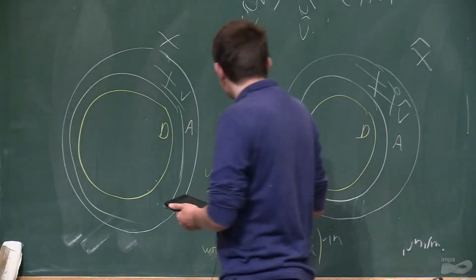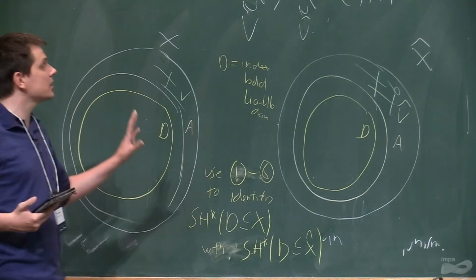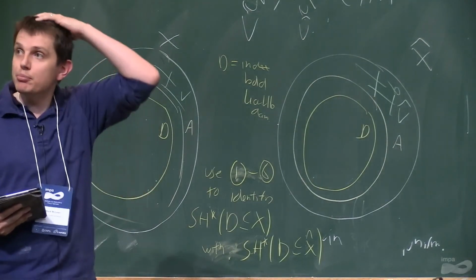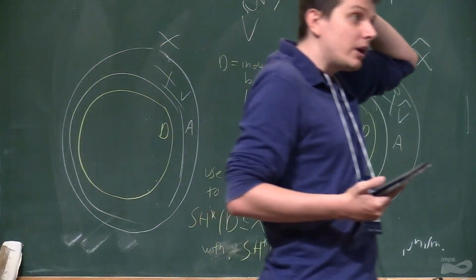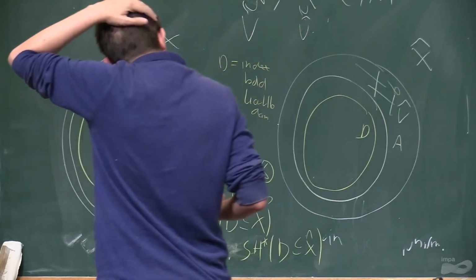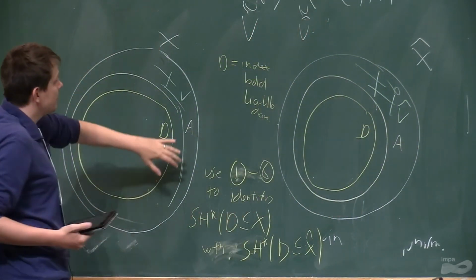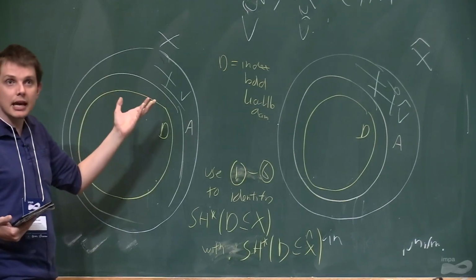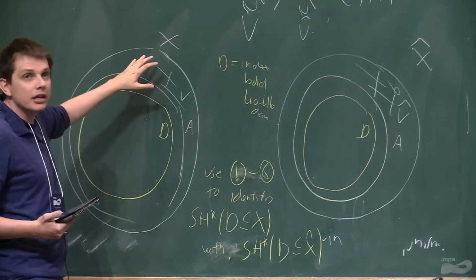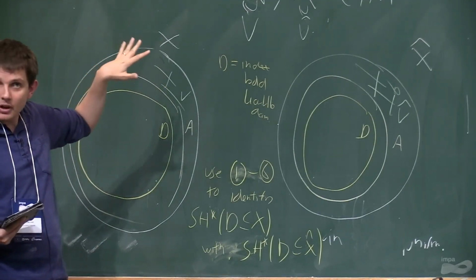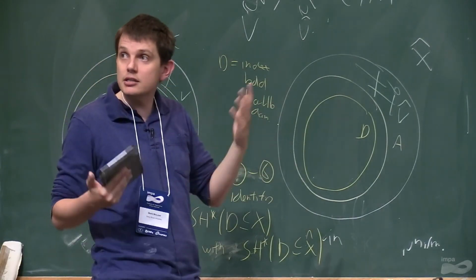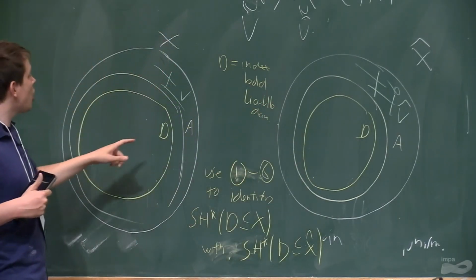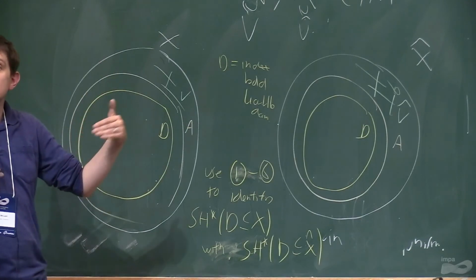I should comment on one thing. This D is index bounded. How do I prove that? I take my affine variety A, and I take X and blow it up along various subvarieties until the complement of A becomes a normal crossing divisor.